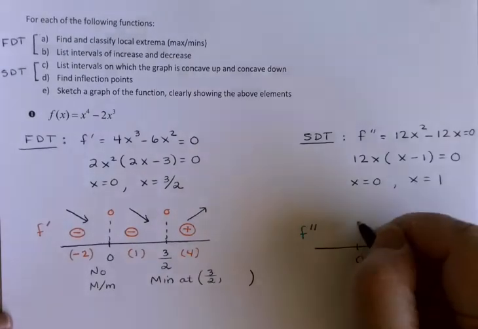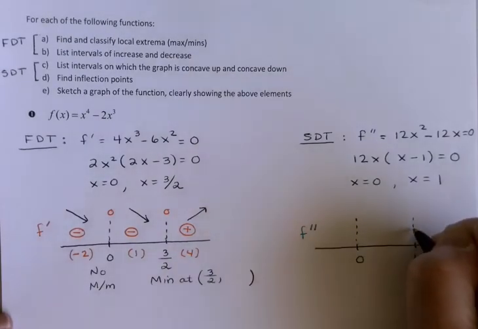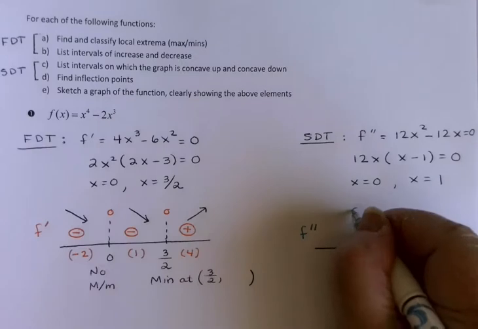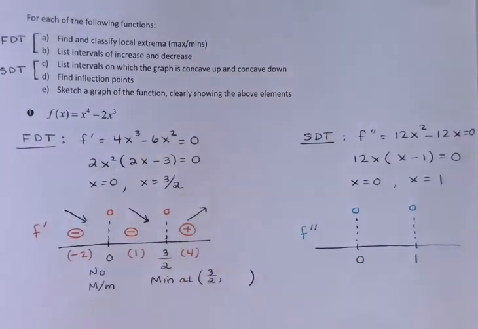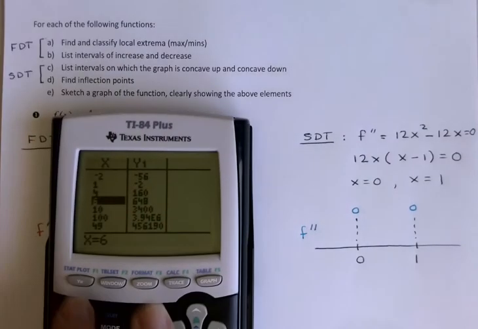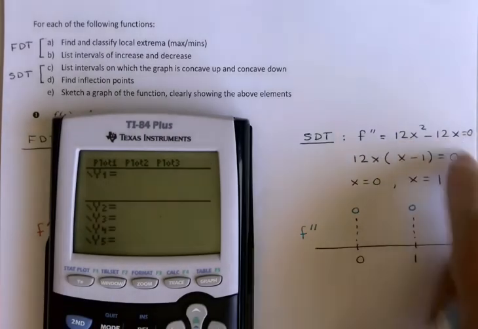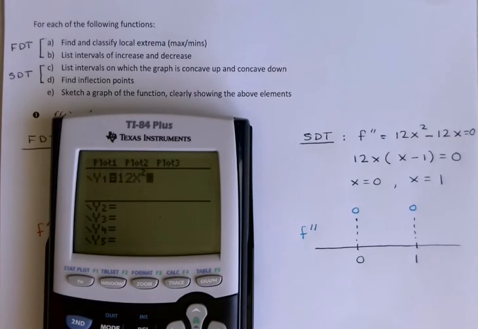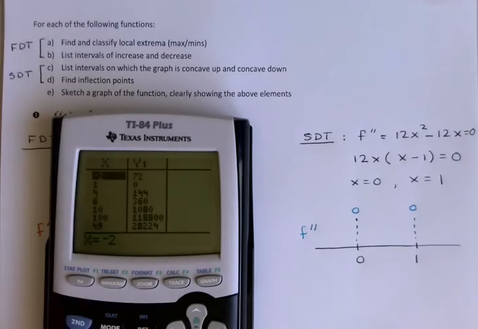So I already know that at 0 and 1, my second derivative is 0. And then I'll pick some test values here. I'm going to put my second derivative in the calculator. And let's start.